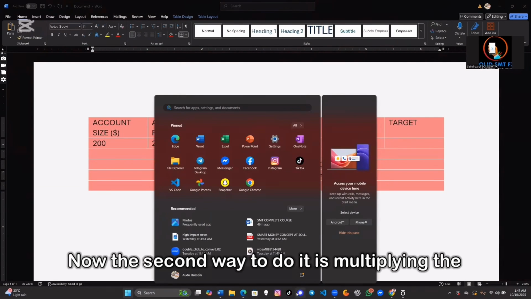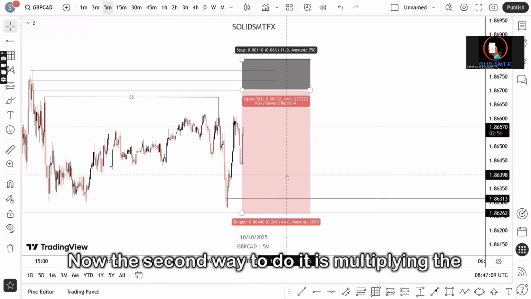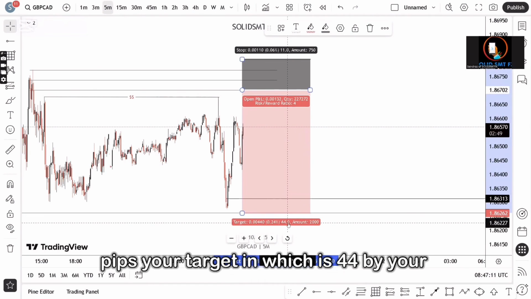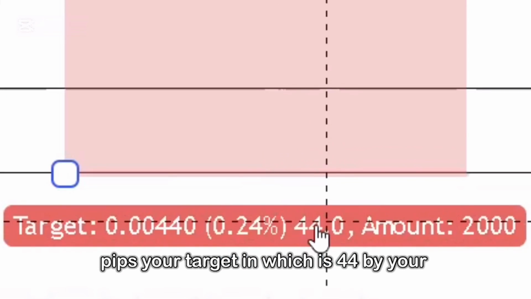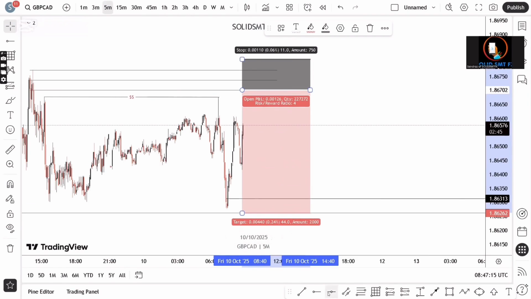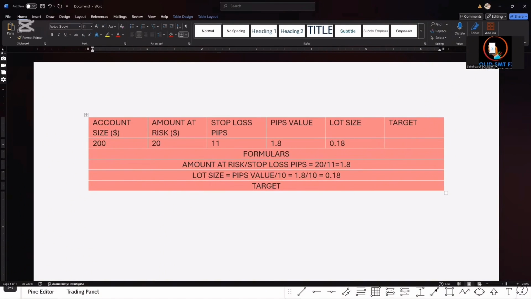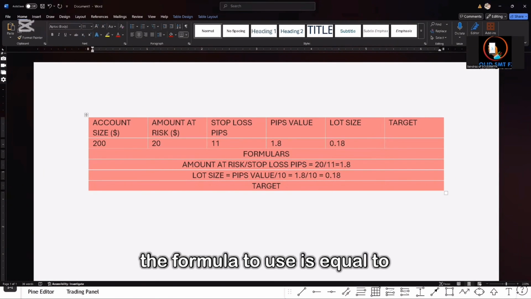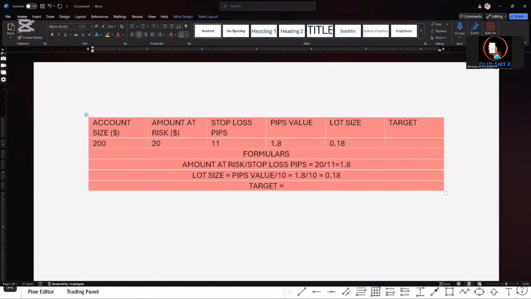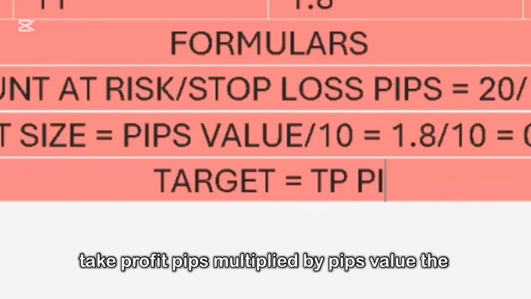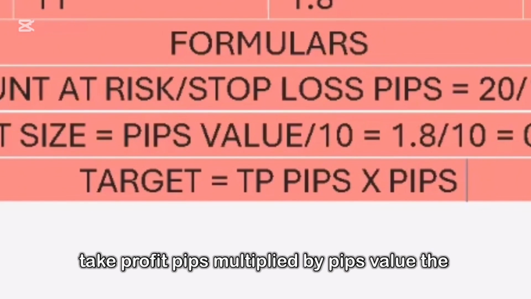Now, the second way to do it is multiplying the pips you are targeting, which is 44, by your pip value. The formula to use is: take profit pips multiplied by pip value.